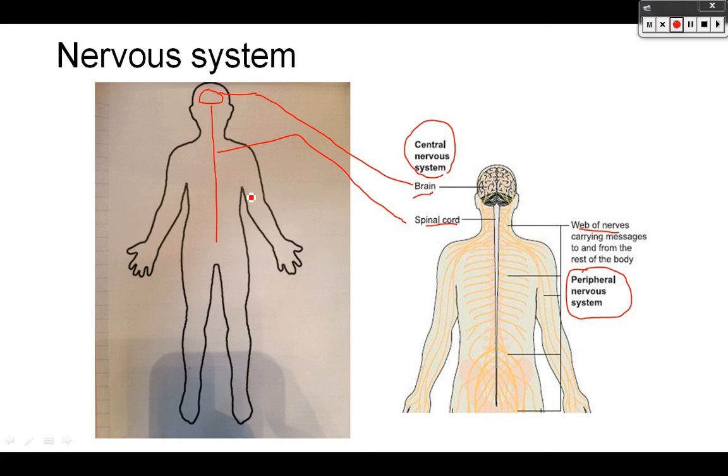The nerves don't go there. So it is definitely a web, and it goes most places in your body, but not as much as the capillaries.